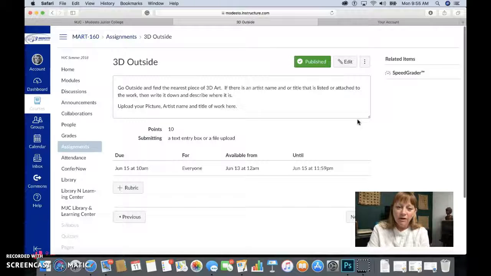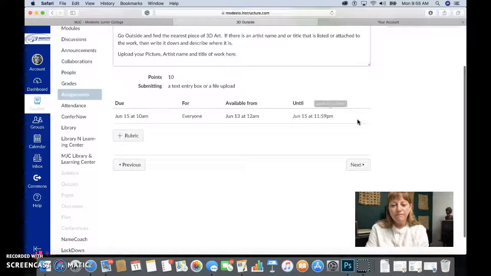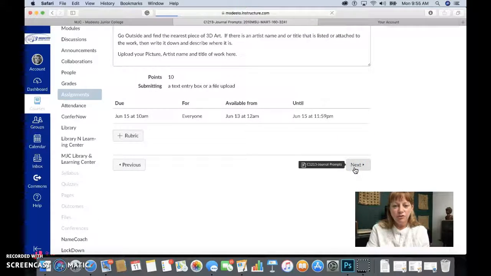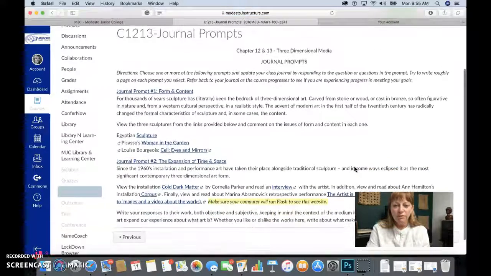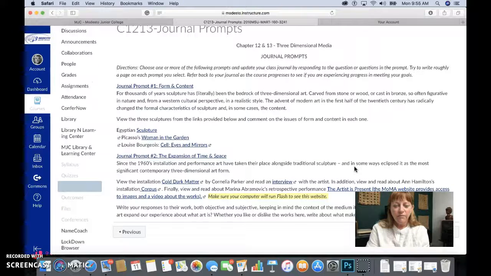Okay, all right, so I think that's it except for the journal and journal prompts. Here you go. Form and content. They give you some sculpture. Picasso's Woman in the Garden, Louise Bourgeois' Cell, Eyes, and Mirrors.